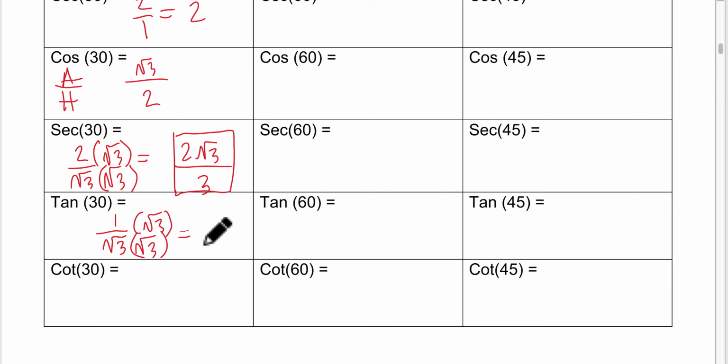And I know I'm going to get radical 3 up top, and radical 3 times radical 3 is radical 9, which gives me 3. Then for cotangent of 30, it's going to be the flip. Instead of flipping the final answer, I'm going to flip the original to keep it simple. Square root of 3 over 1 equals just square root of 3.